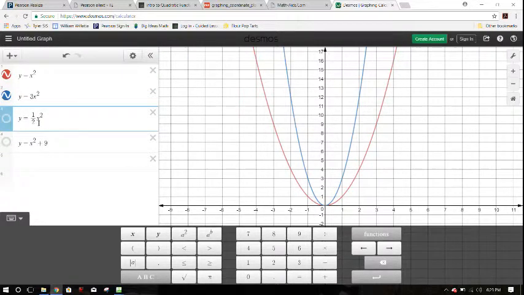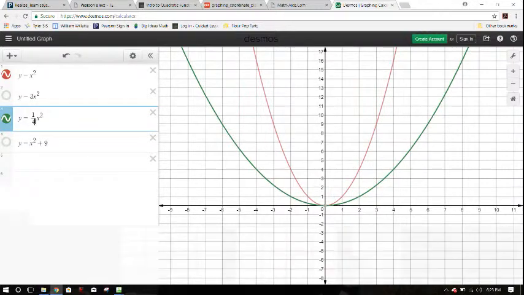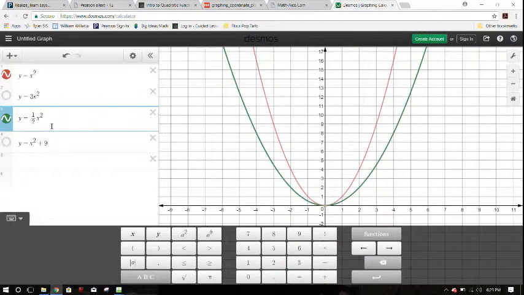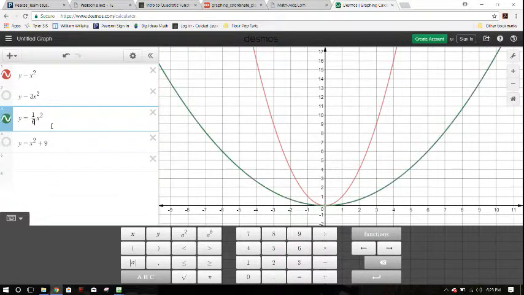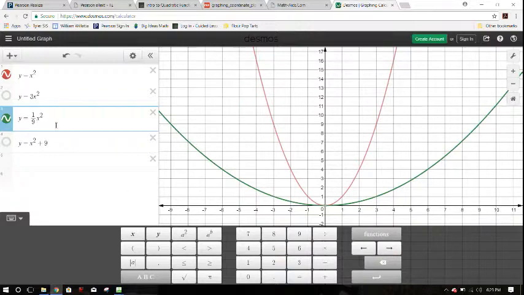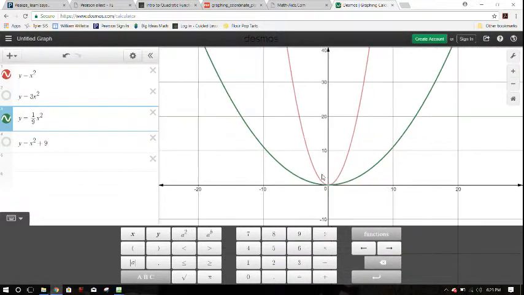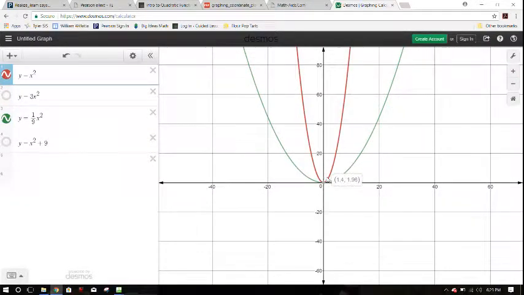And then if I were to make this smaller, so 1/2, 1/3, 1/4, 1/5, 1/6, 1/7, 1/8, 1/9, it's getting wider. If I zoom out, you'll really be able to see how wide that gets.